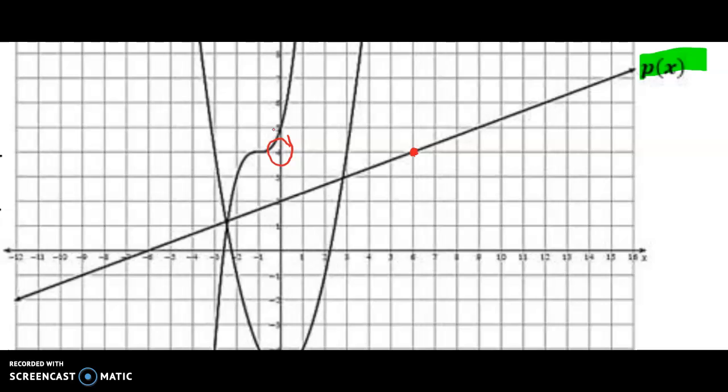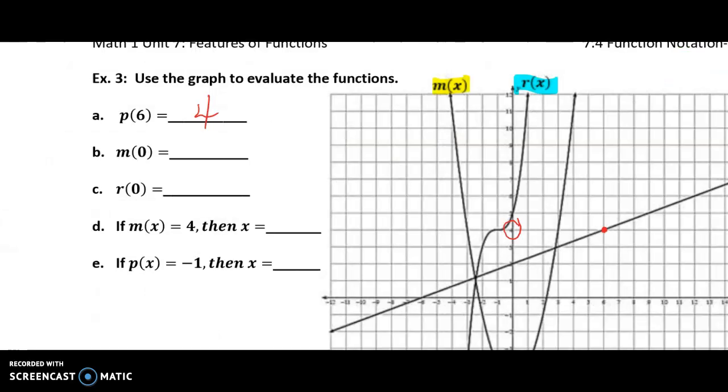Again, an input value of 6, we go to the p of x function's graph, make a mark, and then look to the left towards the y-axis to find our output value, and that output value here is 4. So p of 6 equals 4.